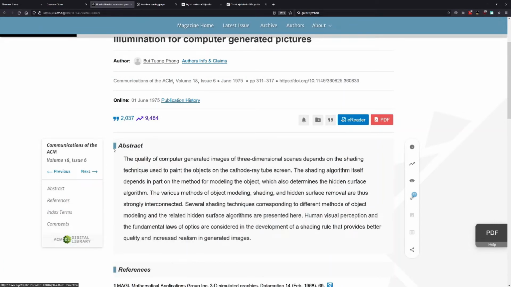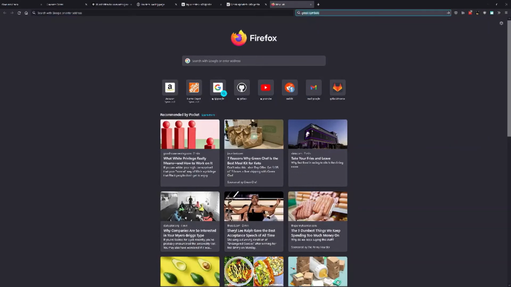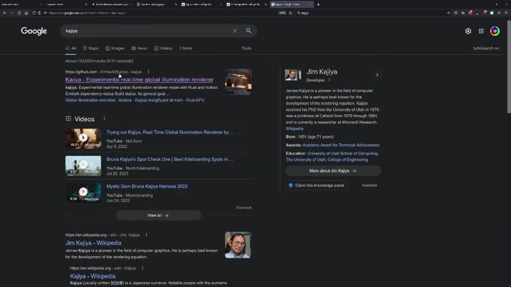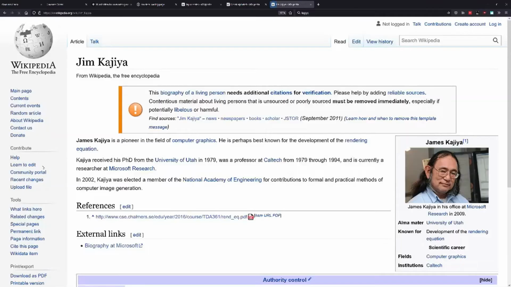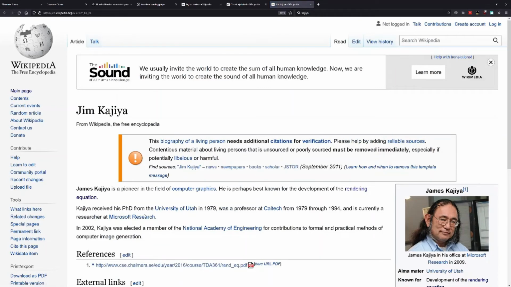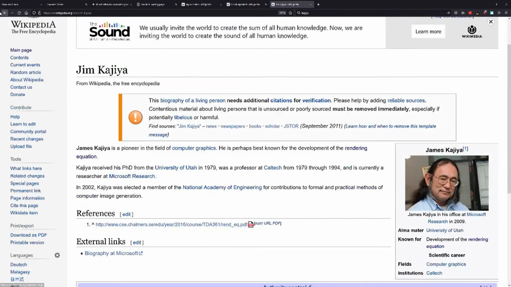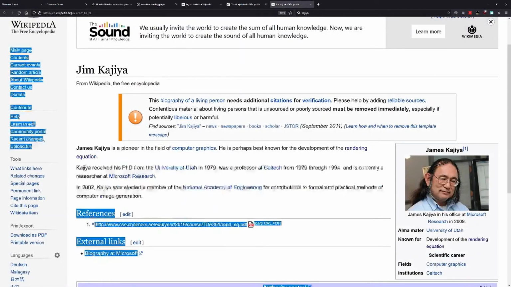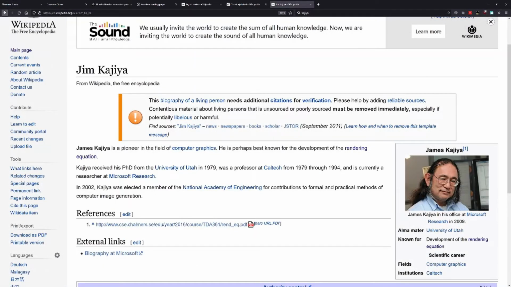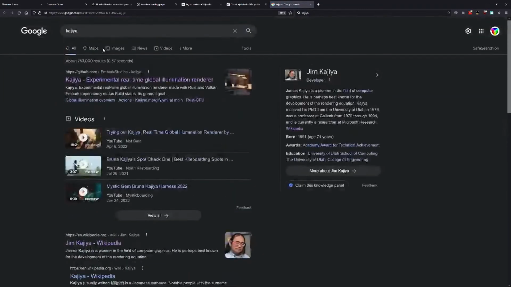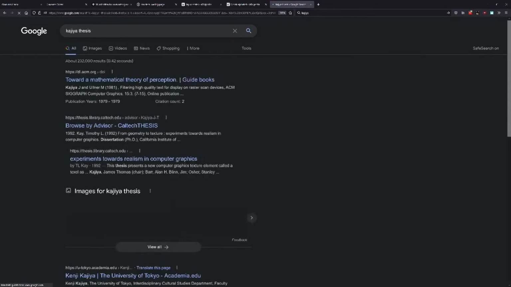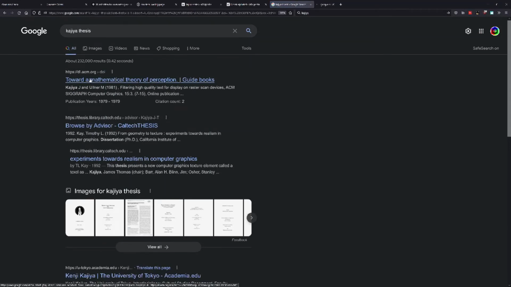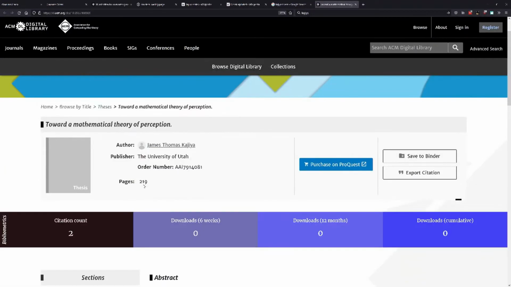I'm not aware Kajiya has a famous thesis. I know there's a paper, but maybe I'm just going off a bad memory of something. I don't want to purchase this thesis.